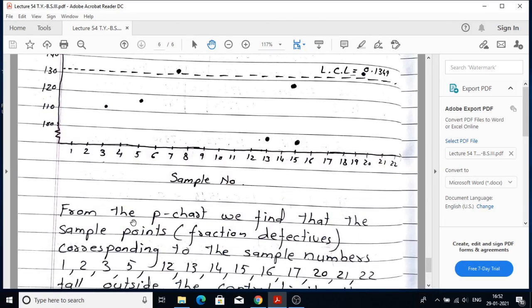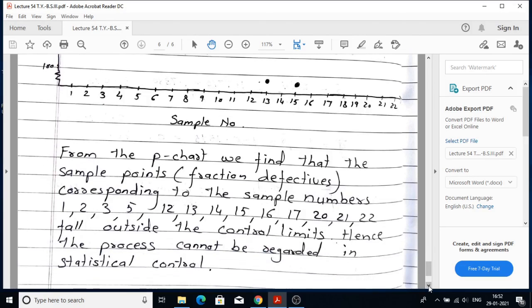So from the P chart we find that the sample points, fraction defectives corresponding to the sample numbers 1, 2, 3, 5, 12, 13, 14, 15, 16, 17, 20, 21, 22 fall outside the control limits. Hence, the process cannot be regarded in statistical control.